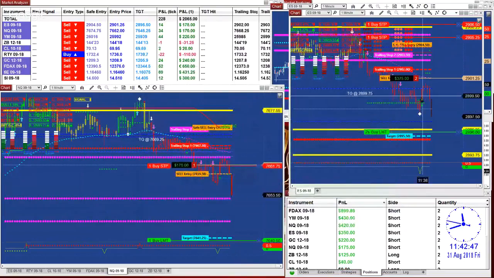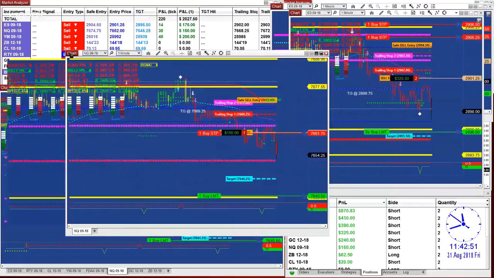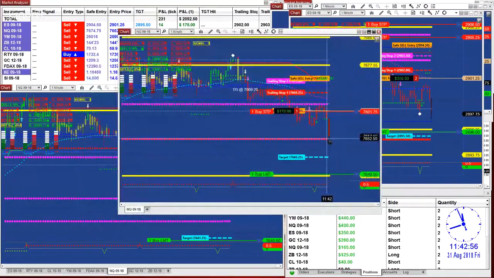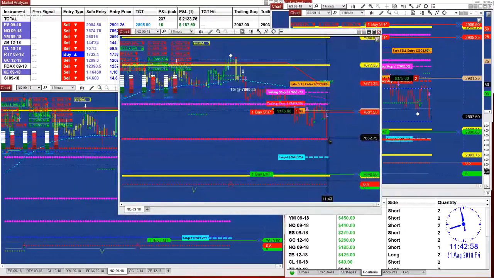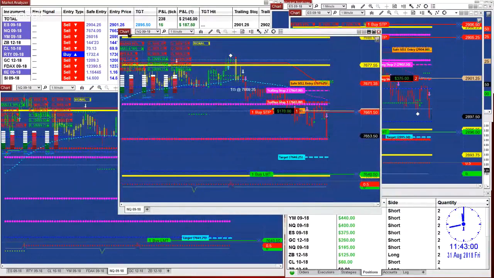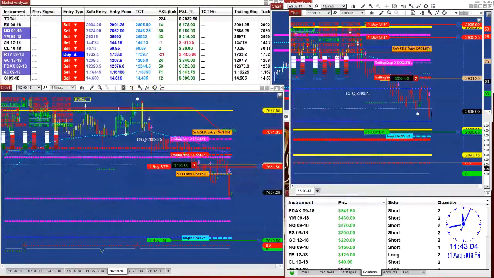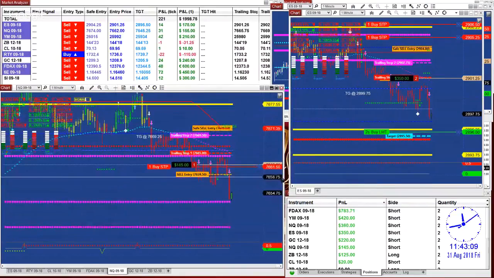This is ES, NASDAQ, Dow Jones. And now you have a problem with the NASDAQ right there. Look, right at the clock. Look at this. Look at the NASDAQ.